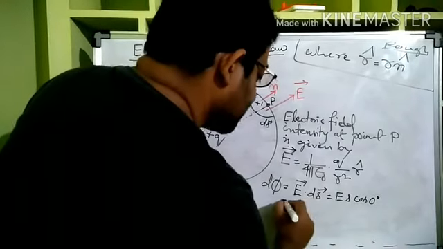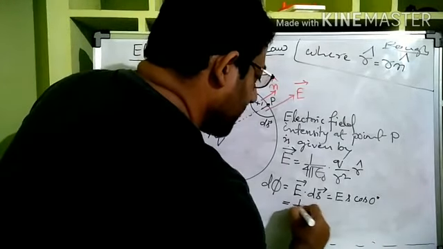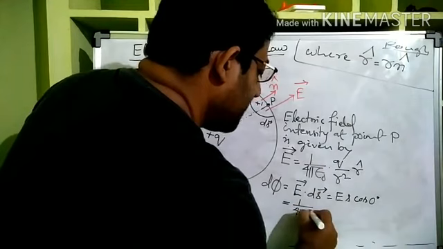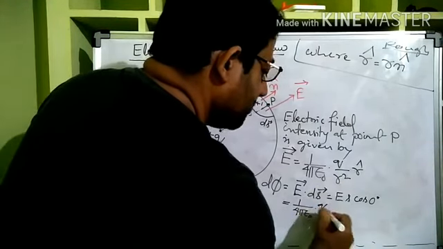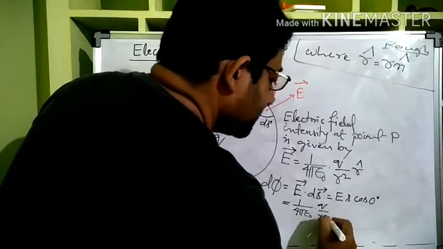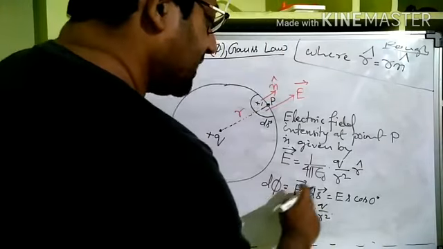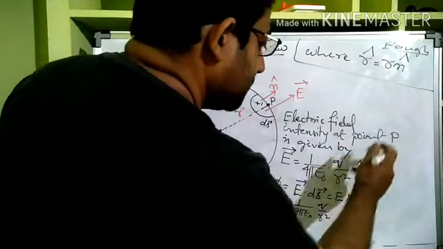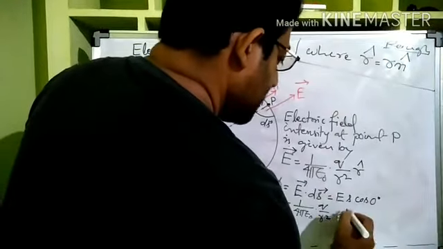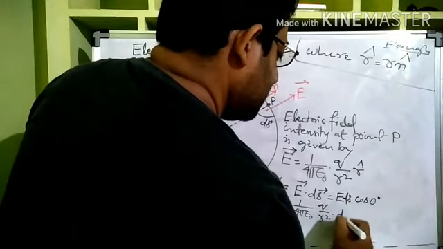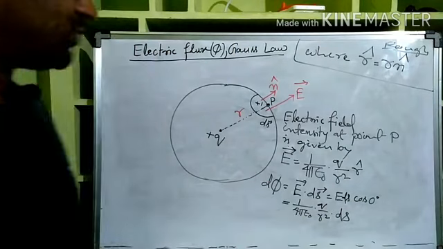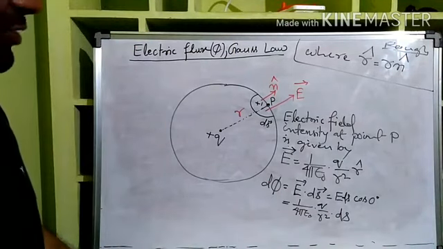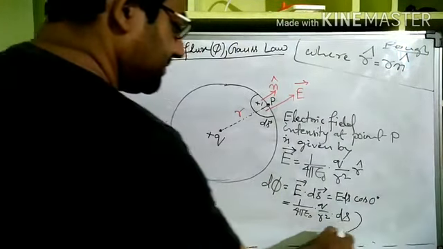So this is equal to E s, and what is E? 1 by 4 pi epsilon naught. Remember, these are magnitudes only. Now we will take q by r square, E ds cos theta. So d phi is equal to 1 by 4 pi epsilon naught q by r square into ds.